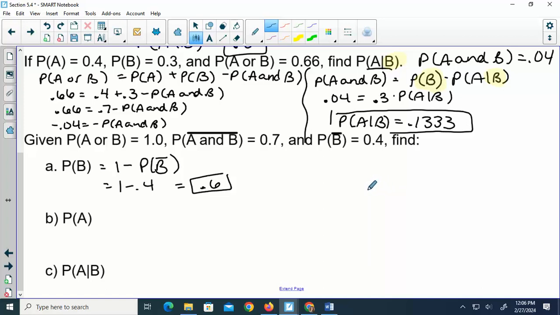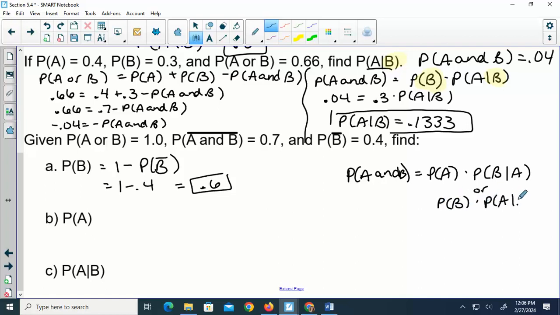One of them is, if we know they're independent, we can multiply. But did I tell you they were independent? So we can't assume that. So that means the probability of A and B here would have to be the probability of A times the probability of B given A, or probability of B times the probability of A given B, since I didn't tell you they were independent. So I don't have all those pieces yet.